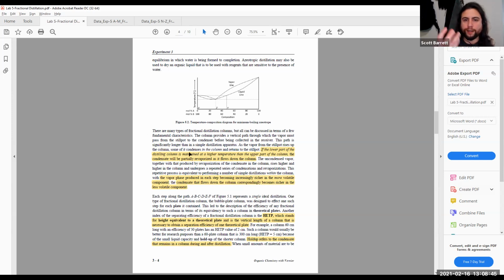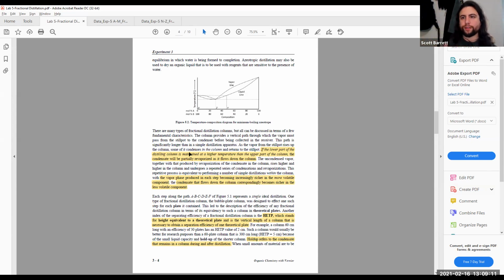If you think about it, the lower part of the distilling column is at a higher temperature because it's closer to the heat source, and then the vapors heat up to the top. As it goes up, the temperature is cooler at the top, and it will condense at the top since it's cooler, coming out of the vapor phase back to liquid and coming back down, and then it continues in the cycle.